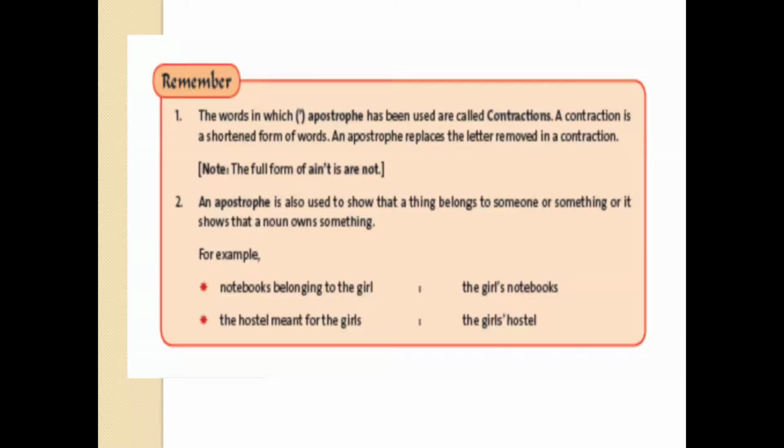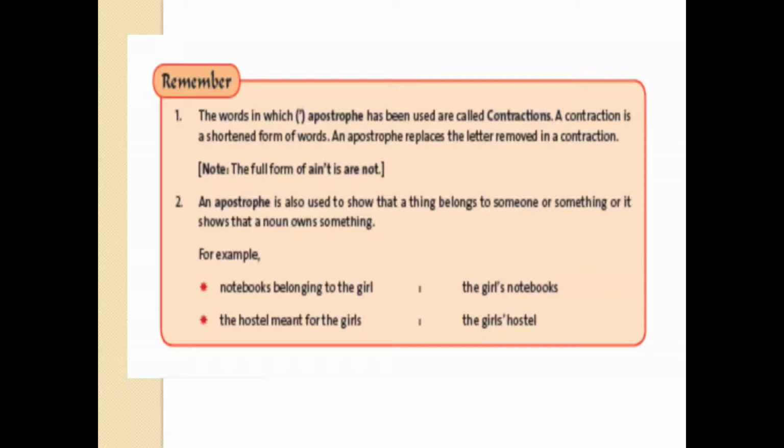An apostrophe is also used to show that a thing belongs to someone or something, or it shows that a noun owns something. I have already told you that the second use of apostrophe is to show possession or ownership. Look at the examples.